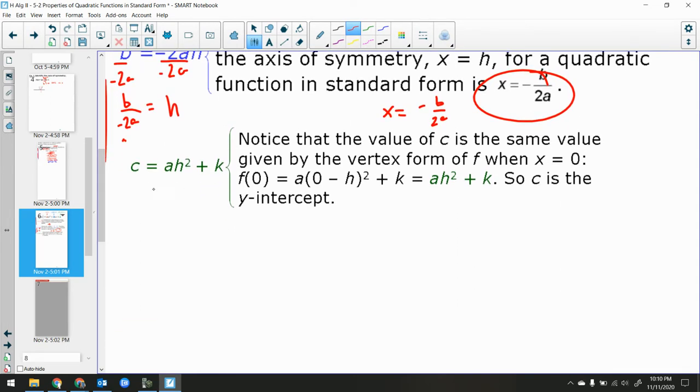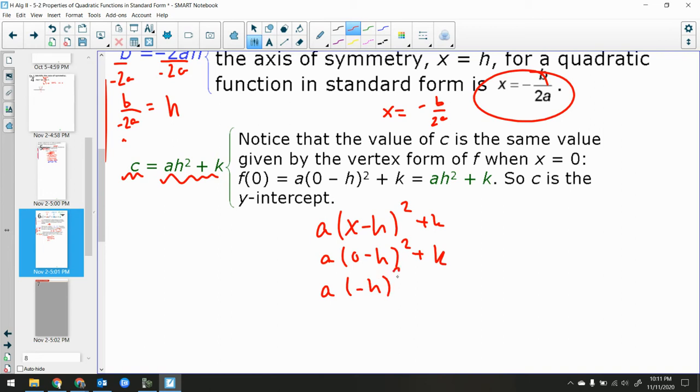Lastly, c is ah squared plus k. Now, here's what's cool about this. If I have a times x minus h squared plus k, and I plug in 0, what would I get in the end? Well, this would be a times negative h squared plus k. Negative h squared would turn into just positive h squared. So a times h squared plus k.